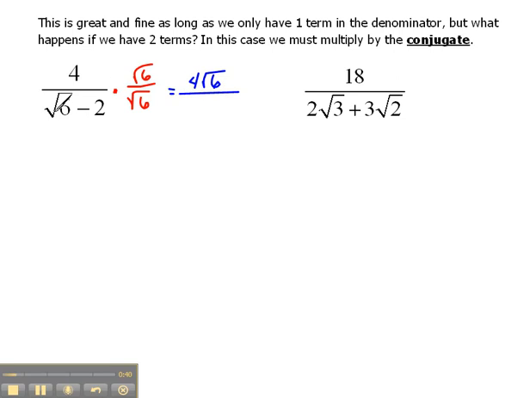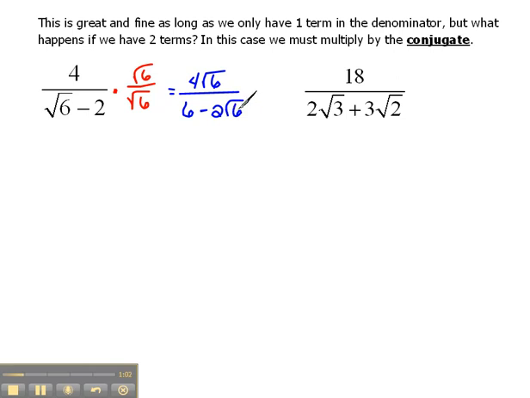And on the bottom, the square root of 6 times the square root of 6, remember, those would be squared, so it would cancel, and you would just have 6 minus 2 times the square root of 6, which is 2 square roots of 6. We've not corrected the problem. We just shifted it over to another term.